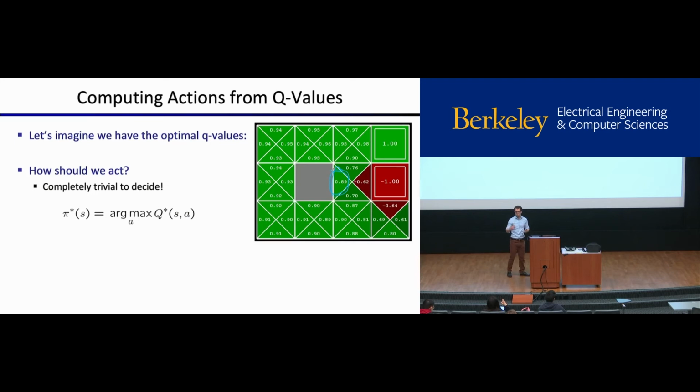If I move into the wall, I can't go backwards. So it's the safe thing to do. That's why I'm getting 0.9 here. So how should we act? Well, maybe we should just try to maximize the Q values. So it's super trivial to decide, if you have Q star, how you should construct pi star. You just take the argmax over Q values. Does everybody see that?